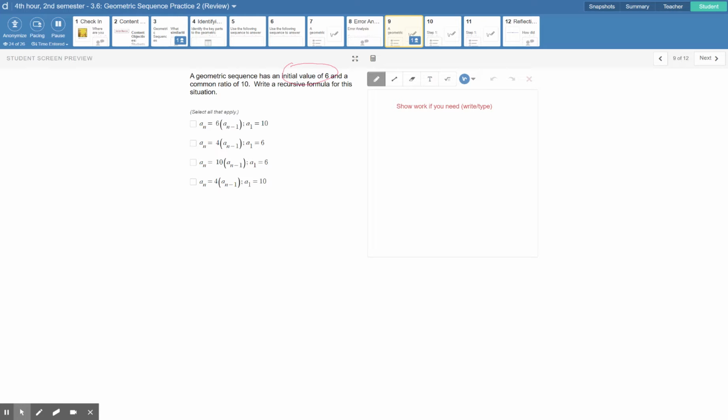For number 9, we're talking about the recursive. Once again, you can go to the third slide if you need to know what that is. So this time, the ratio goes on the outside. We're talking about the previous term on the inside. And then you have to tell your reader what a sub 1 is. So we said a sub 1 is 6. We said that the common ratio was 10.